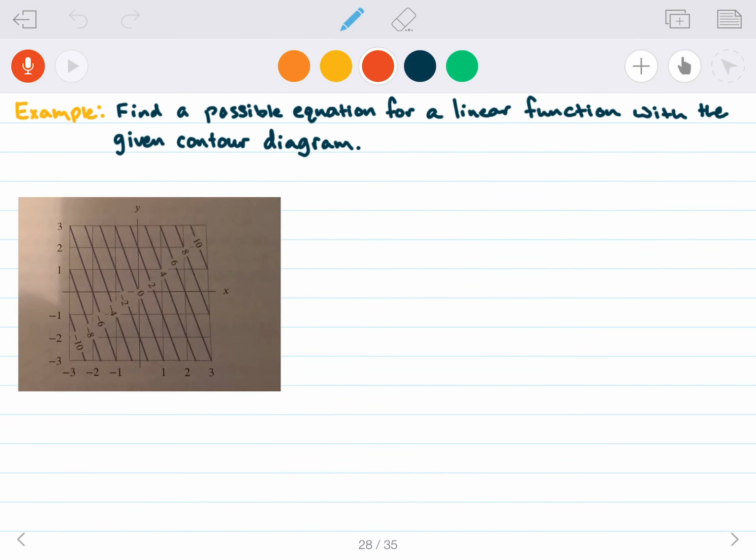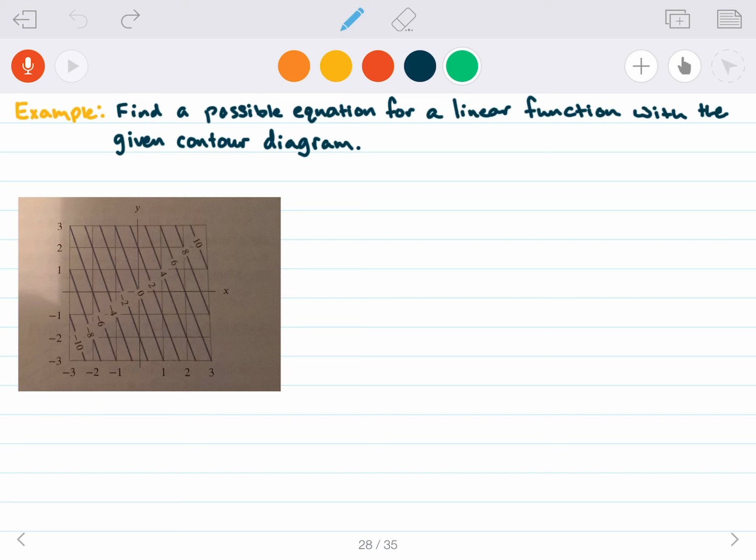All right, so let's bring back what we just learned about planes or linear functions in 3D to our contour diagrams. It says find a possible equation for a linear function with the given contour diagram. Keep in mind, guys, that all of these numbers right here are our z values, and all of these are evenly spaced parallel lines.